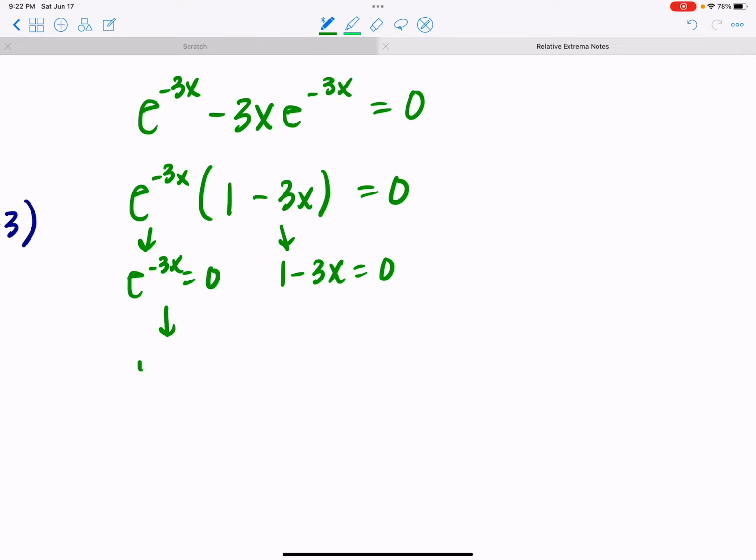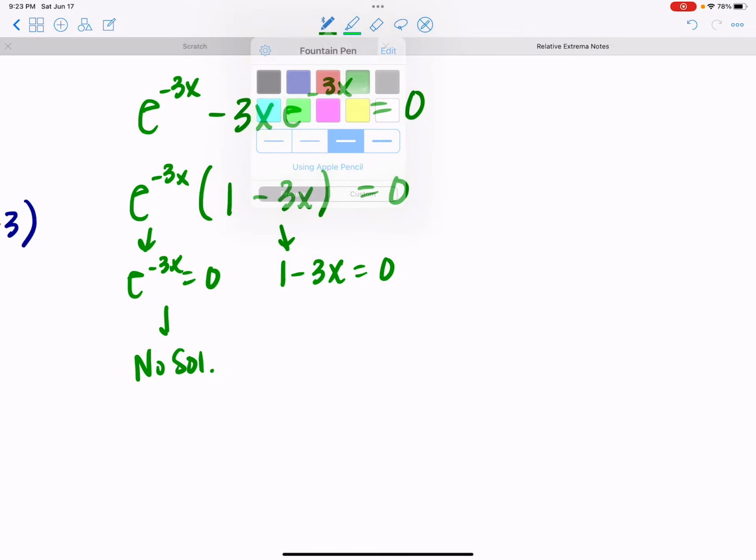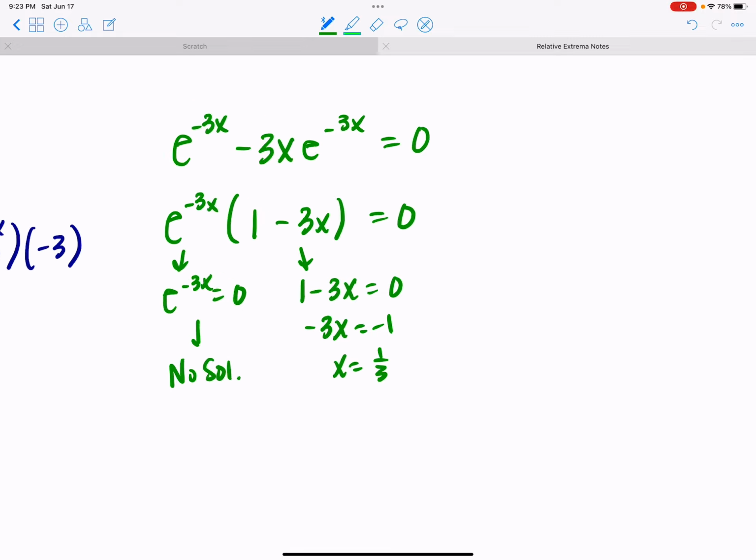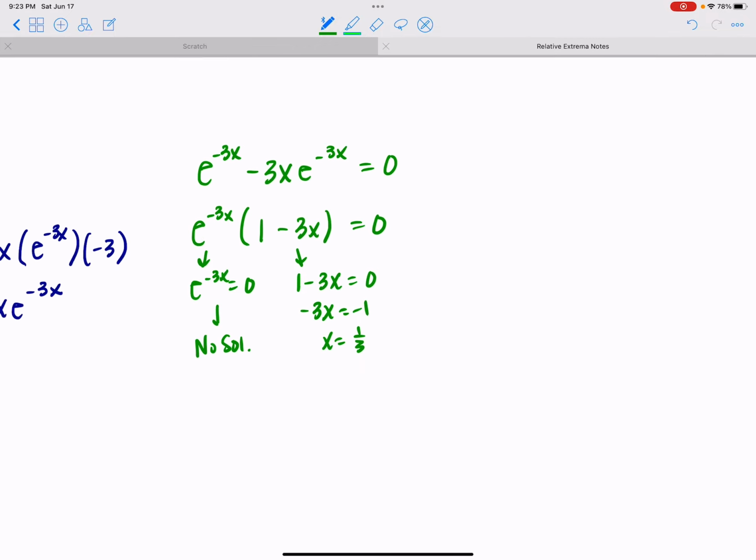This is not possible. There will be no solution there. Let's say that instead. And over here, this one's linear, we can easily solve. So we subtract over the 1 and divide by the negative 3, so positive 1/3 is going to be a critical number for us. Alright, so now let's test.